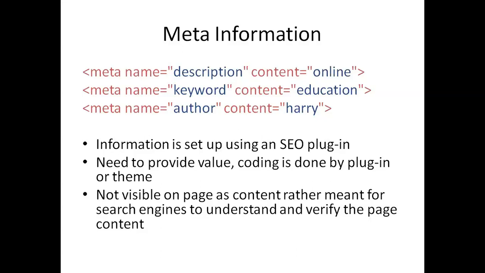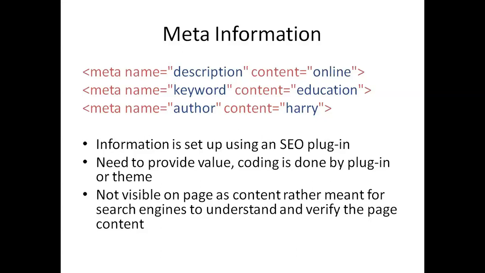When you upgrade your WordPress website properly and use an SEO plugin, that is search engine optimization plugin, you will only have to give the values for description and keyword. Author is automatically taken by WordPress depending on the user who has written the document.